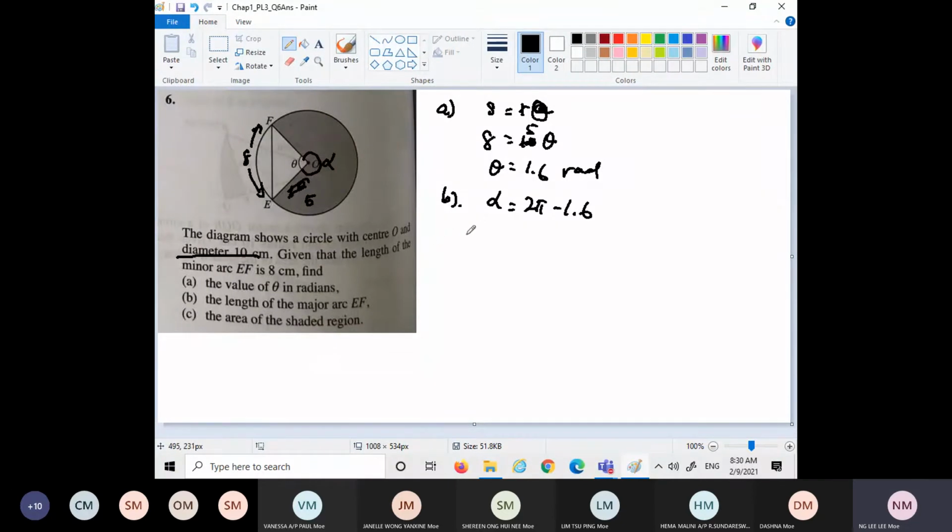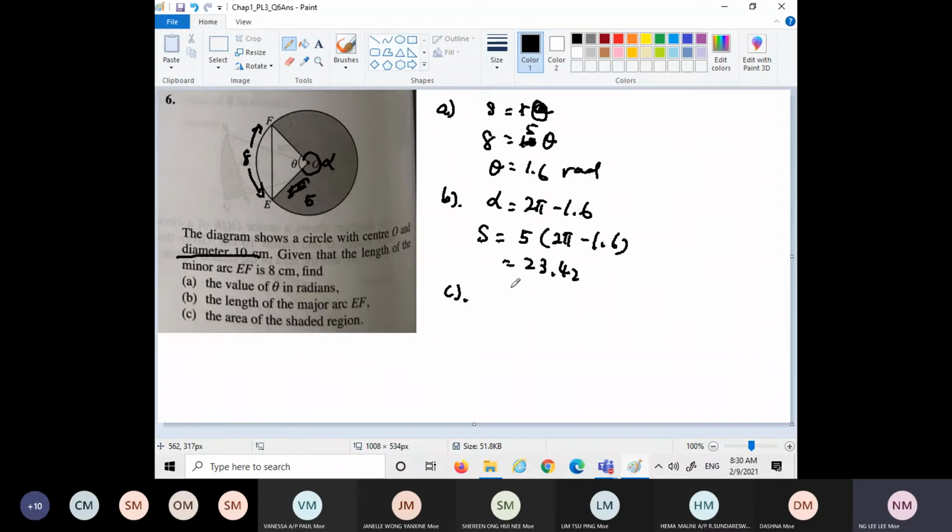So you want the arc length, so you use S equal to R theta. The R is 5. The theta now is alpha, 2 pi minus 1.6. The answer is 23.42.